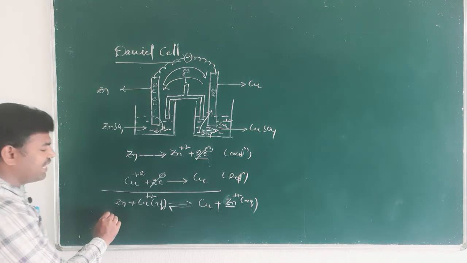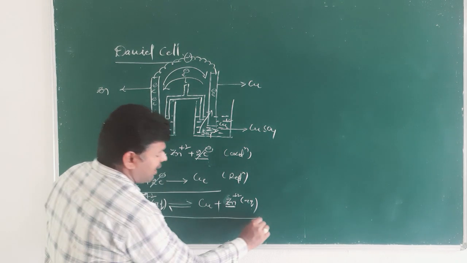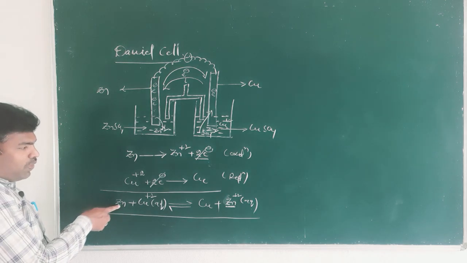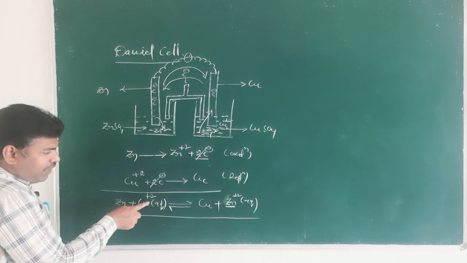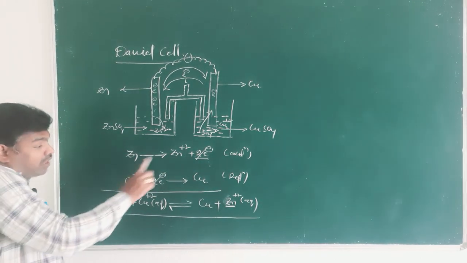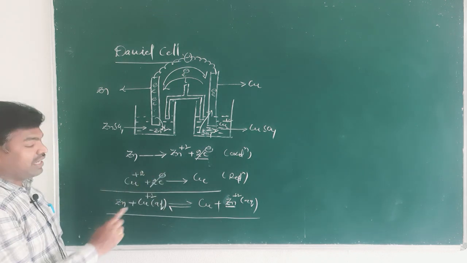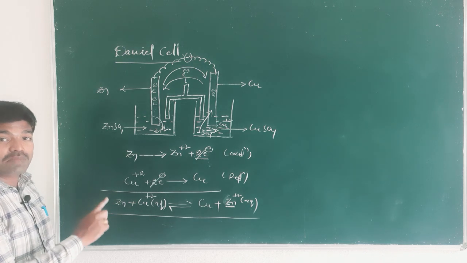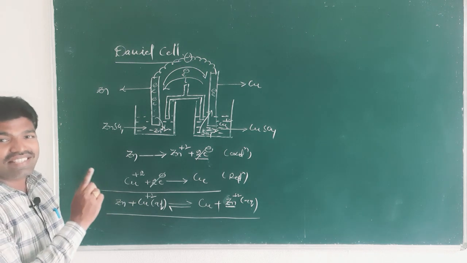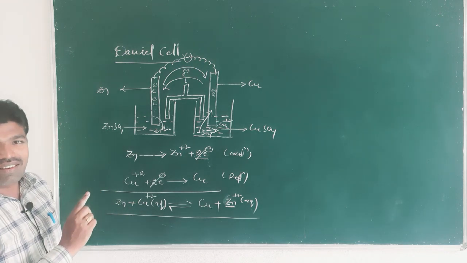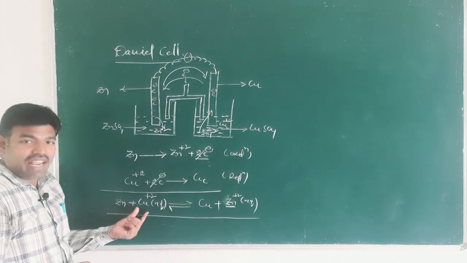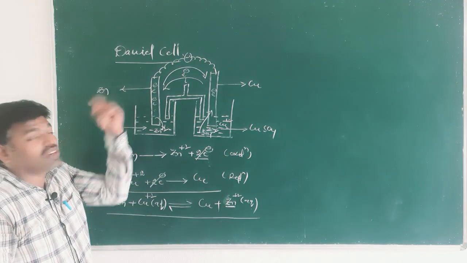So this is the net chemical reaction: zinc undergoes oxidation, copper undergoes reduction. So it is a redox reaction, and reduction and oxidation take place simultaneously. Due to this redox reaction, there is a production of electricity.